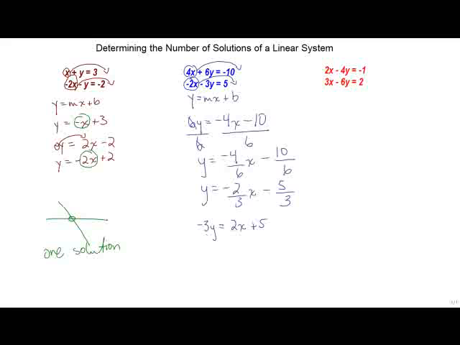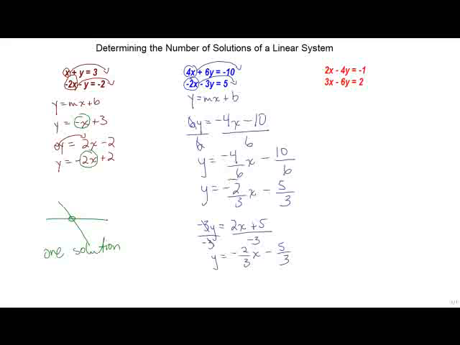Continuing to solve for y, we're going to divide both sides by the y coefficient of negative 3. And our 3's will cancel each other out. We're left with y equals negative 2/3 x minus 5/3. We'll go ahead and compare the two equations.